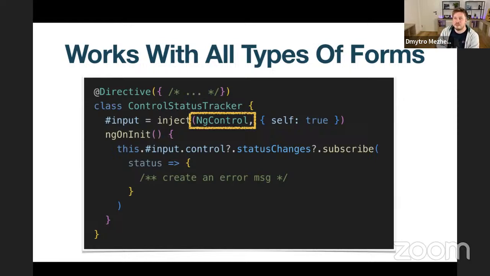Because those directives inherit the same base class, they have the same API, so it is safe to work with them. It doesn't matter if NgModel or FormControlName directive is eventually injected. I know that they all have the control property, and the instance of the control property will be some model that extends the abstract class and has all these status changes properties and so on. So in this case, we can make our code much more generic and flexible.